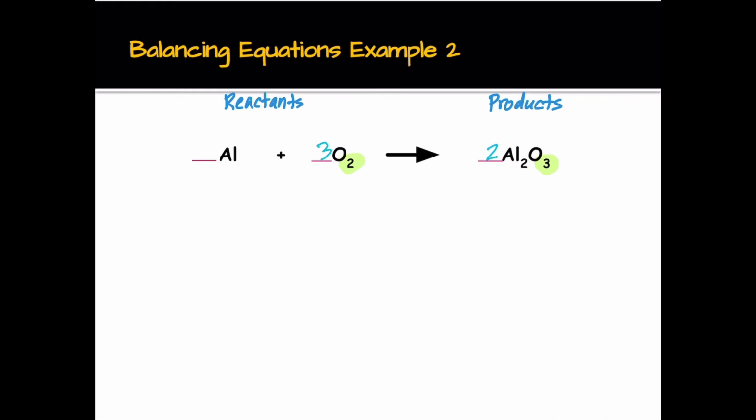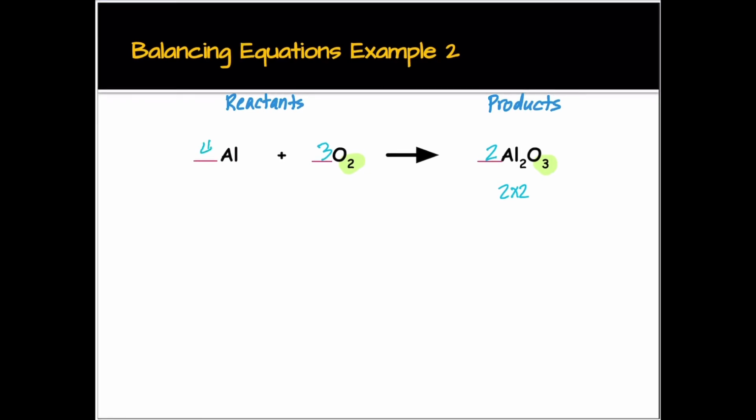Now all that's left to do is to balance the aluminum. 2 times 2 equals 4 aluminums on the product side. So to balance out the aluminum on the reactant side, all we have to do is place a coefficient of 4 in front of aluminum. The sequence of coefficients then to balance this equation is 4, 3, 2.